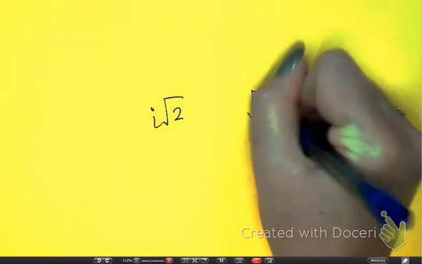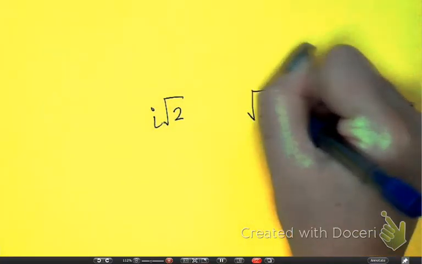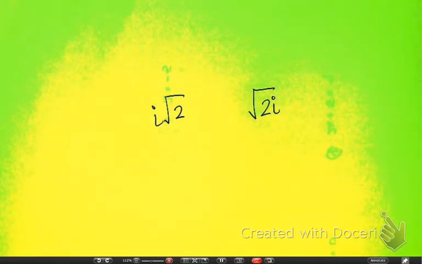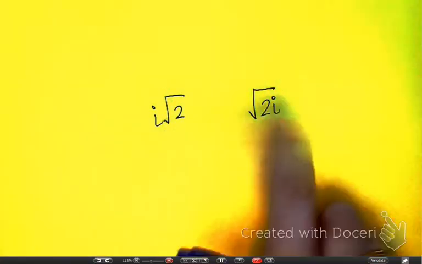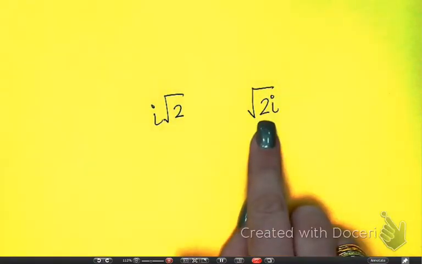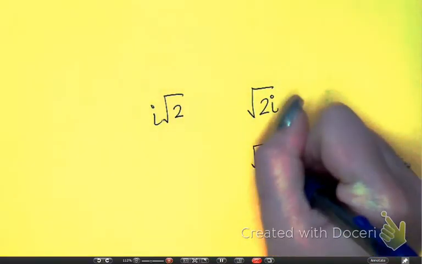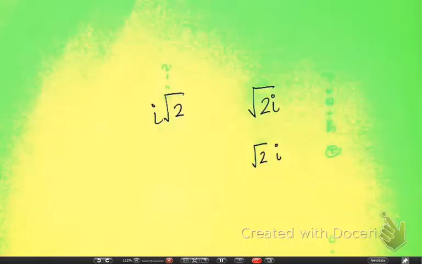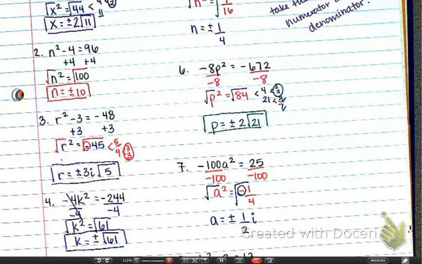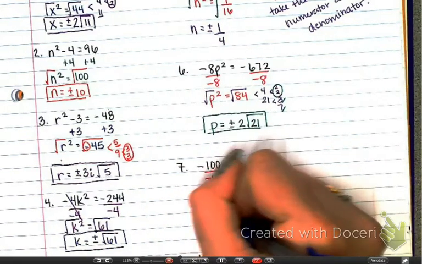The concern is if you write it behind, what does that look like to you? Where does the i look like it is here? Inside the radical, which it can't be. So if you're going to write it afterwards, it has to look like it's outside of the radical, which is why it's easier to just write it in front. Okay? Okay, so we're good with that one.